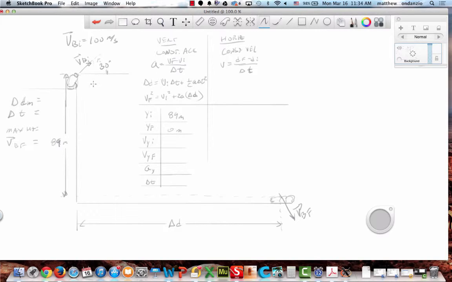What's my velocity initial in the y? How do I figure that out? Okay, so I have my triangle where this is 100 meters per second. I have my Vx and Vy, correct? And so if this is 30 degrees, then Vx is equal to what?